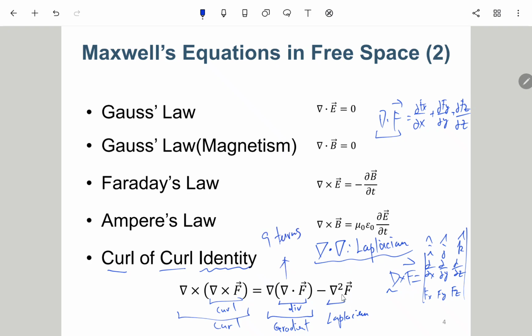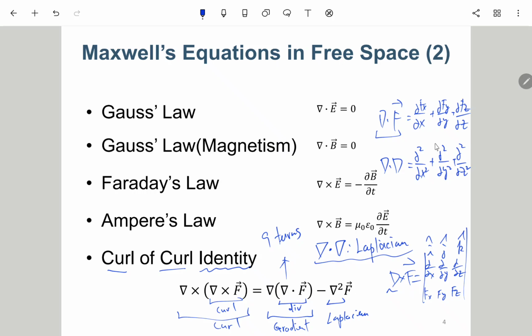Okay, and for this one, gradient dot gradient becomes the second derivative of x plus second derivative of y plus the second partial derivative of z, something like this, and then acted on the f.